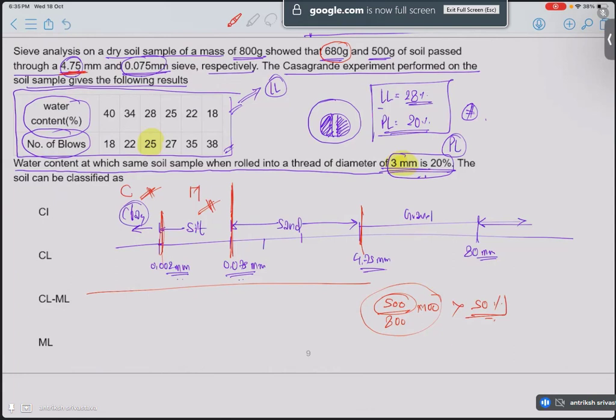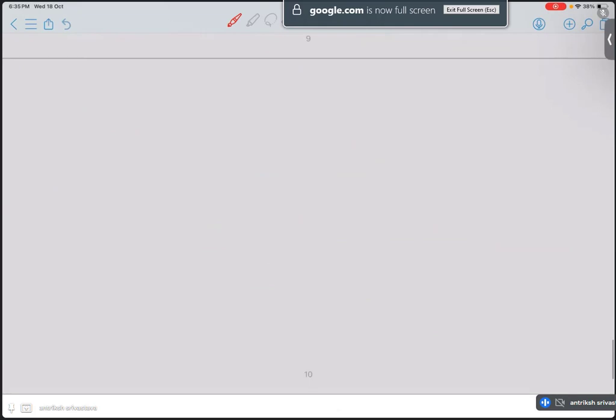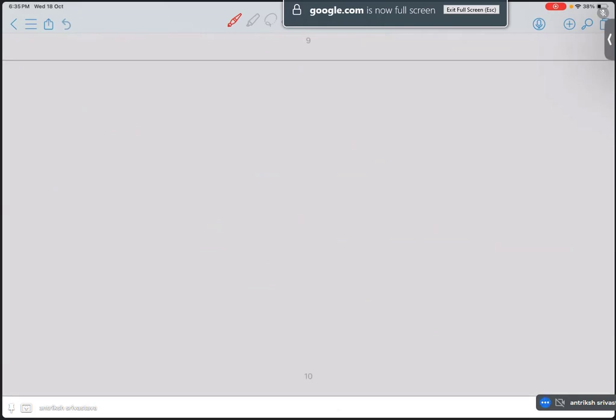So let's look at our liquid limit and our plastic limit. Liquid limit is given to us as 28. So we can use the plasticity chart to make our life easy for the classification.